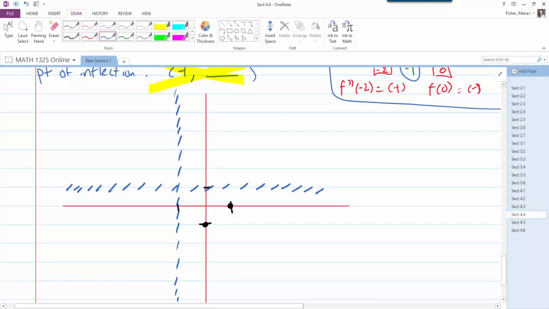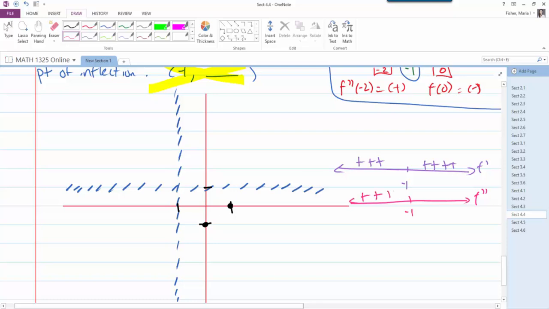We don't have local extrema or inflection points, and what our first derivative tells us, again, is that we are increasing from negative infinity to negative 1 and from negative 1 to positive infinity. And what our second derivative tells us is that we go from being concave up to being concave down.